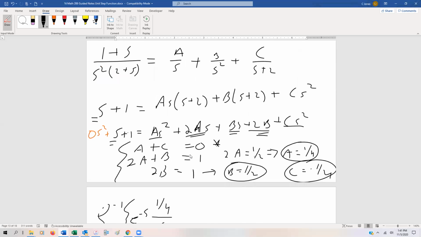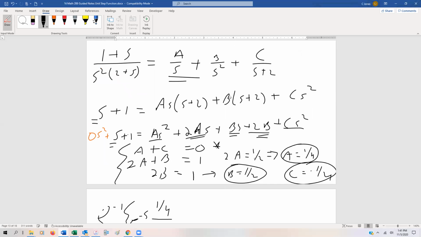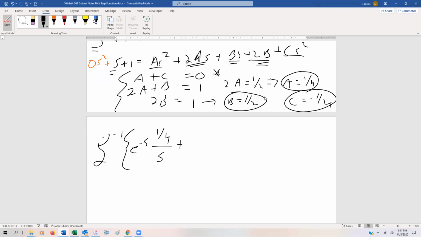And where I'm getting that from is right here. So I'm just going to copy these down. Then we have b over s squared, so we have e to the minus s times 1/2 over s squared. And then finally, e to the minus s times minus 1/4 divided by s plus 2.